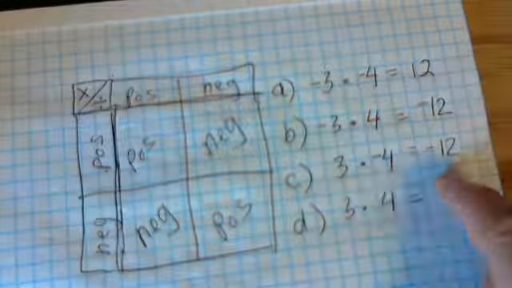And of course, you know that positive 3 times positive 4, since they have the same sign, is also positive. So same sign, positive result. Opposite signs, negative result. The same is true for division, so let's look at that.